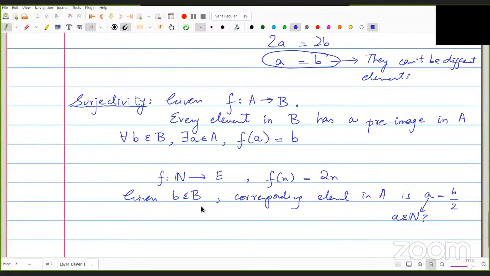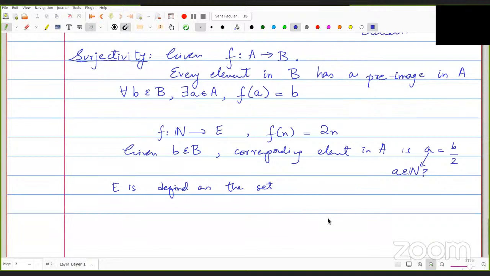E is defined as the set of all x. If x is in the natural numbers, then 2x is in E. So that directly means that the division by 2 of a member is also in the natural numbers.